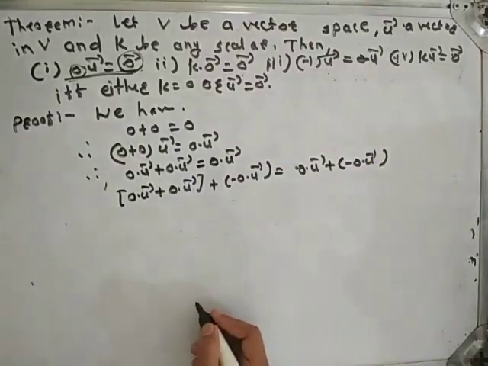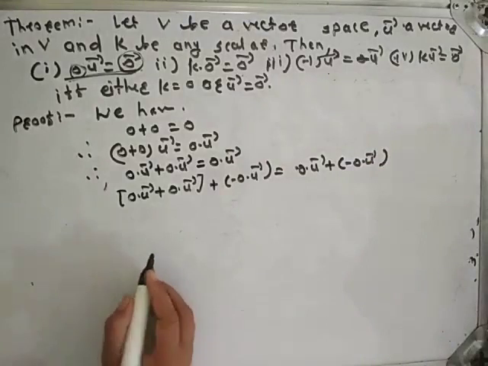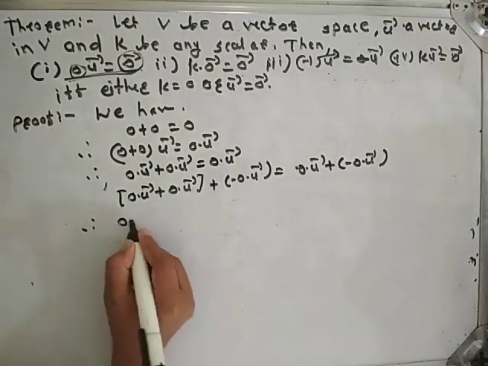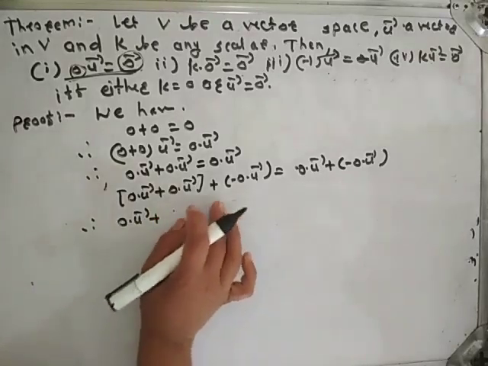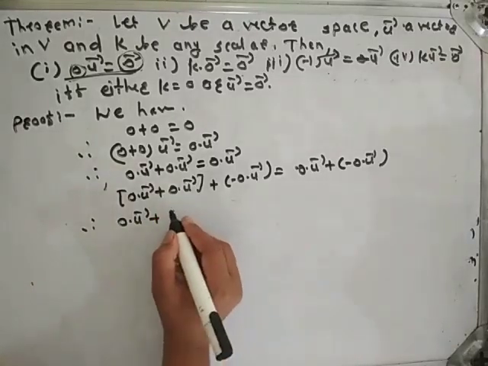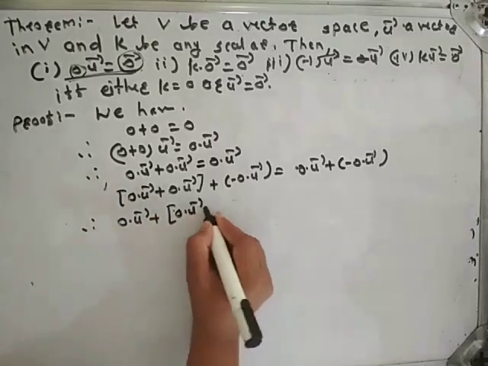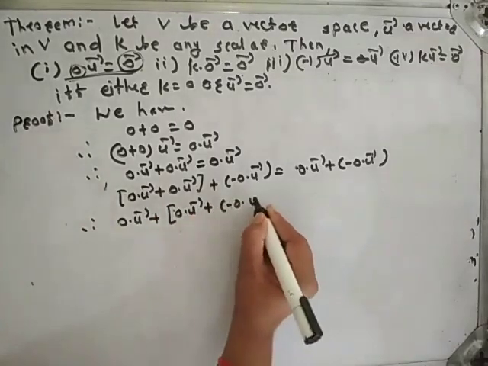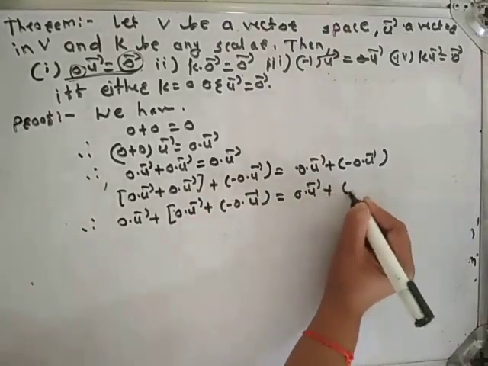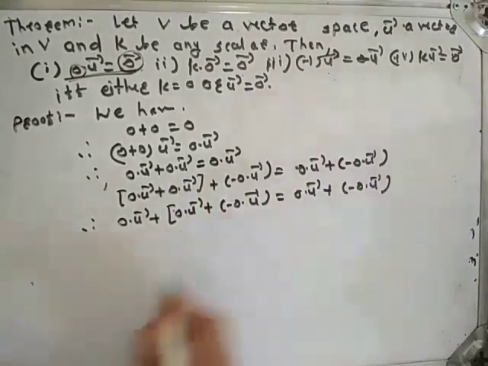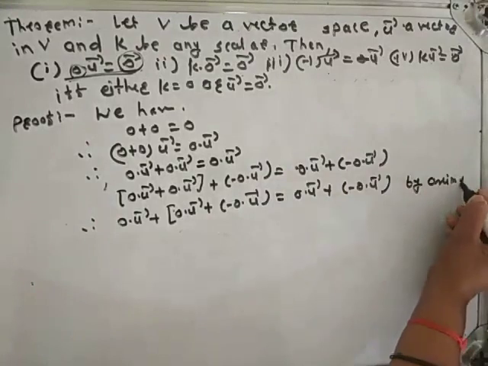Adding the negative of 0 dot u bar on both sides, we will get, therefore, 0 dot u bar plus, using the associative property, associativity of sum, 0 dot u bar plus minus 0 dot u bar is equal to 0 dot u bar plus minus 0 dot u bar, by axiom A2.